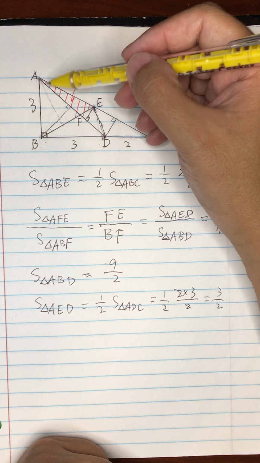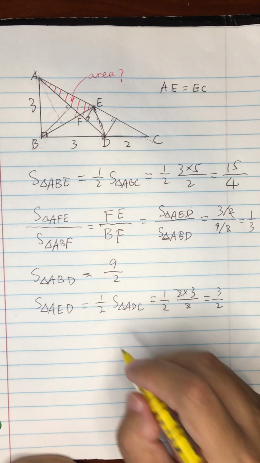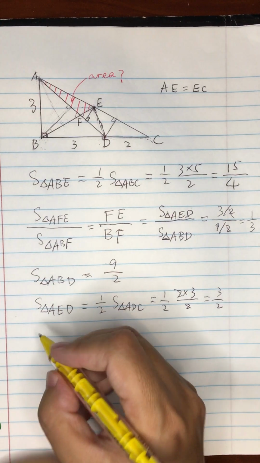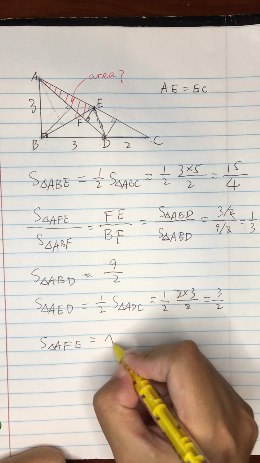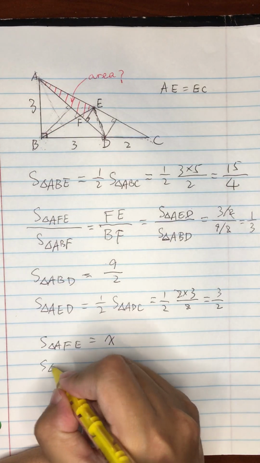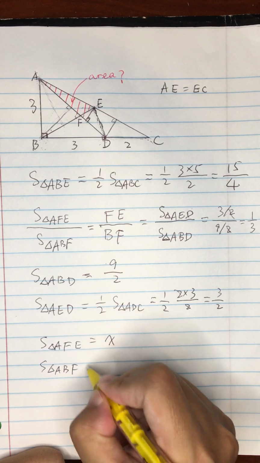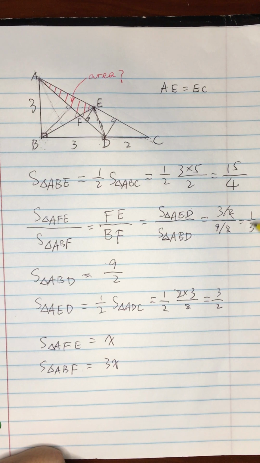So the area of AFE, if we denote it as x, so the area of triangle AFE equals x, then the area of ABF is going to be what? It's going to be 3x because the proportion is 1 to 3.